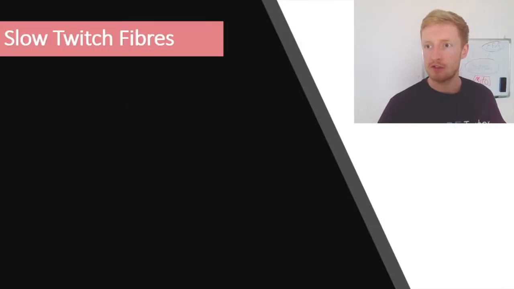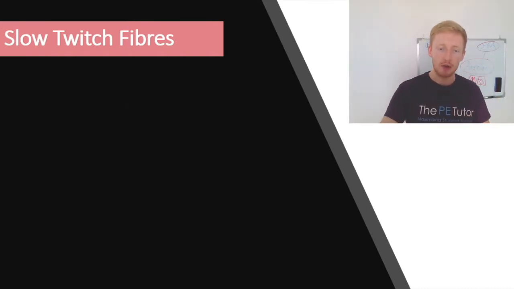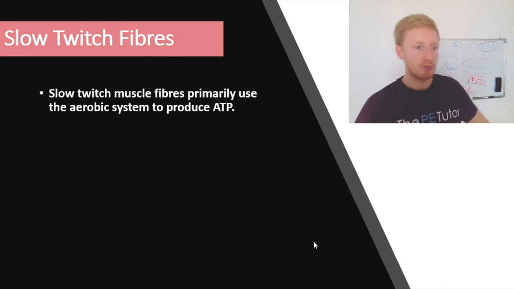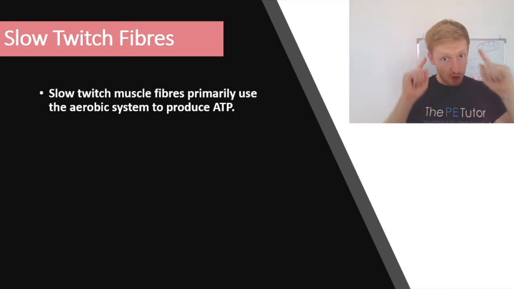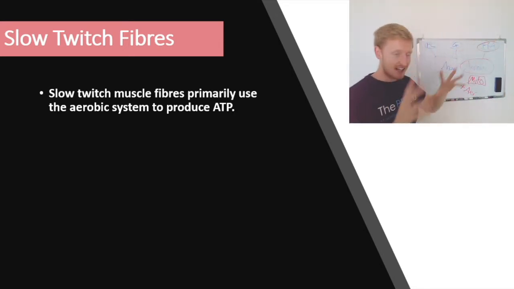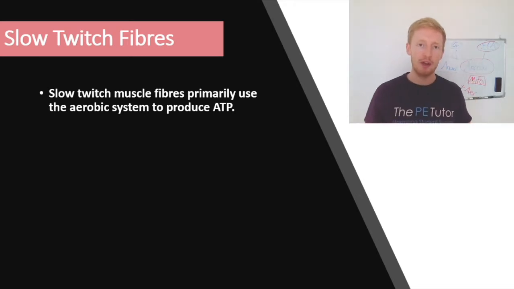Okay, so if we take a more specific look now at each fibre type in a sporting situation. So slow twitch muscle fibres, they use the aerobic system to produce their ATP, because let's not forget, yes, we've got PC, glycogen, free fatty acids, yes, we've got anaerobic and aerobic systems, but what's the point of all of it?